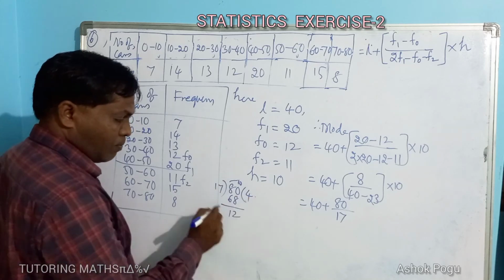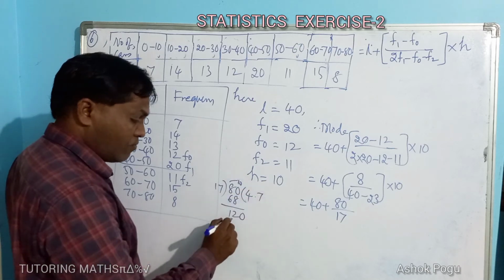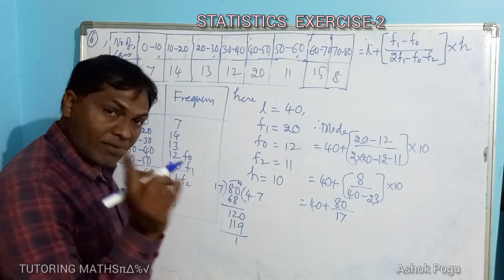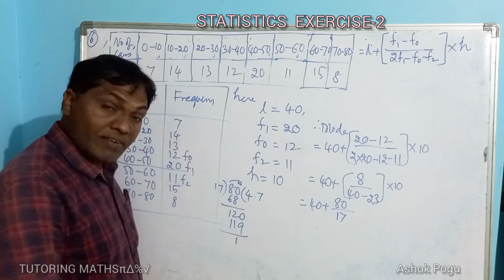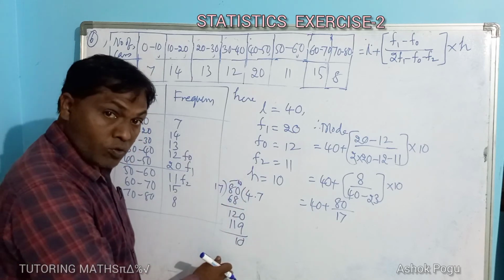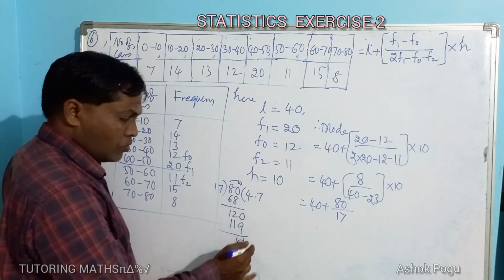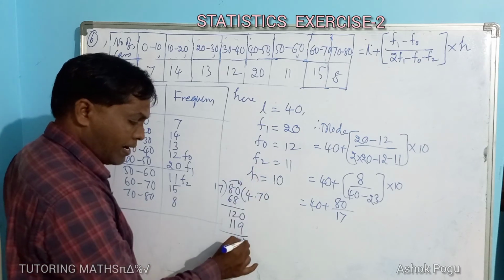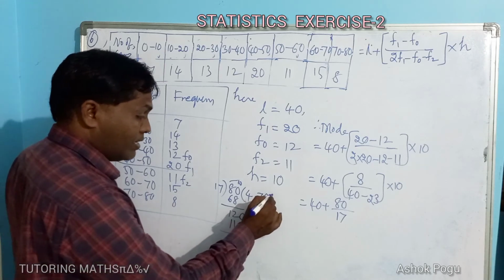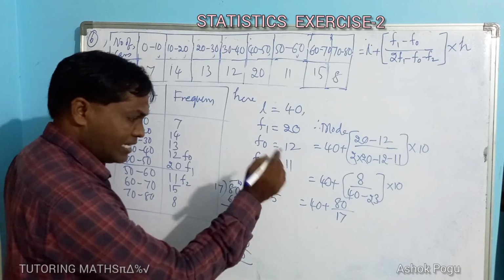With the decimal point, it becomes 120. 17 sevens are 119, which is the nearest value to 120. You get only 1. That is not divisible by 17, but the decimal point is already there, so you can take 10. Even 10 is lesser than 17, so we take 0 and here you take 0. Now 17 fives are 85 directly. There's no need to calculate, just take this result.